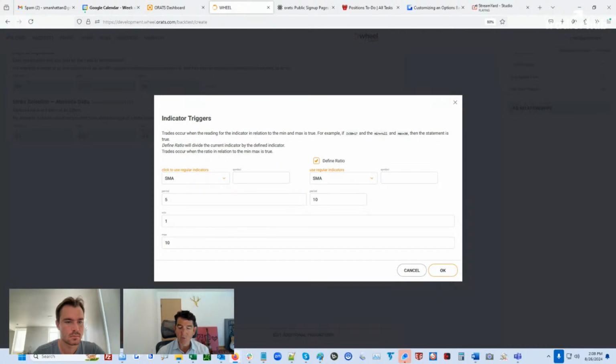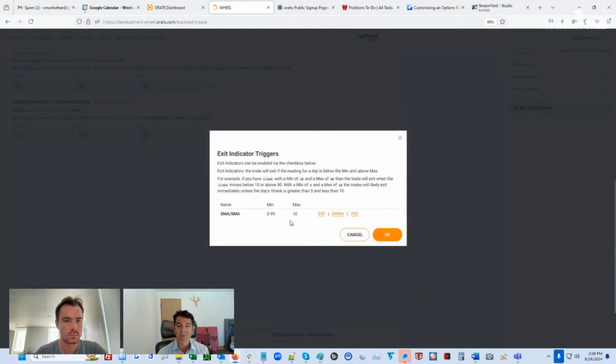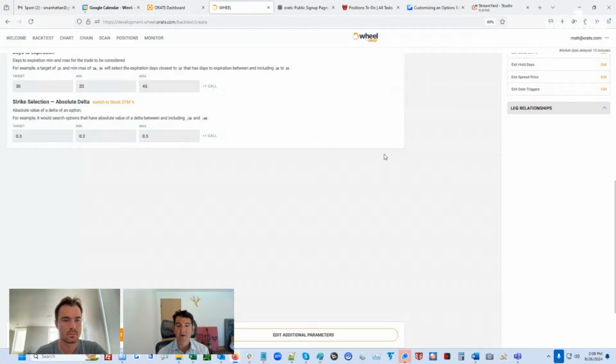So the same would be 1 as a minimum. 10 doesn't really matter. It can't get that high. Or I guess it could, but normally wouldn't get that high. And you could put a little less, so it won't just get out right away. You could put a 0.99. So that could be our entry for this particular SMA divided by SMA indicator.